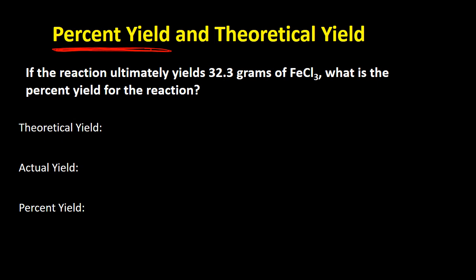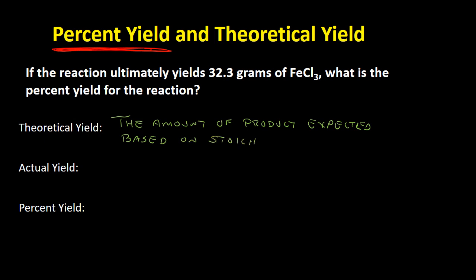The theoretical yield is the amount that you're expected to produce based on that stoichiometry.